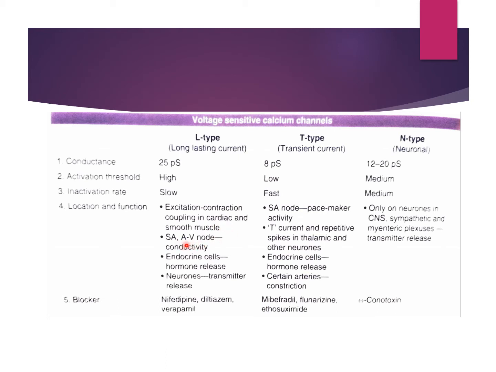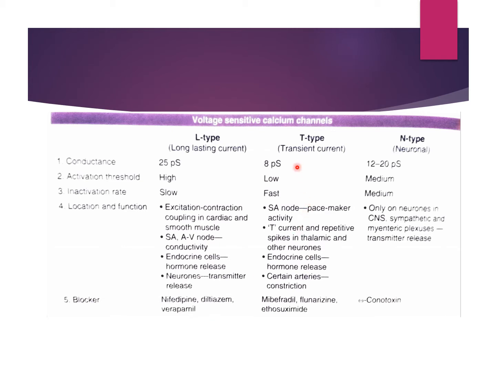In the SA node and AV node, they increase the conductivity. In endocrine cells, they lead to hormone release, and in neurons, they lead to transmitter release. These are the functions of L-type calcium channels. The specific blockers of L-type calcium channels are nifedipine, diltiazem and verapamil.